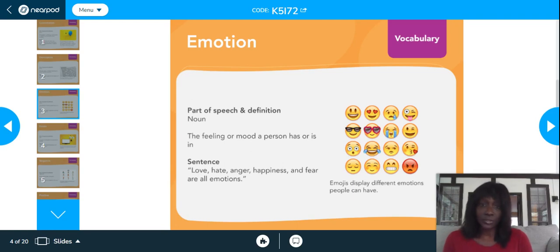Sometimes you love, sometimes you hate, you're angry, sometimes you're happy, other times you're fearful. Emojis, which a lot of people attach to a text or email, display different emotions people can have.